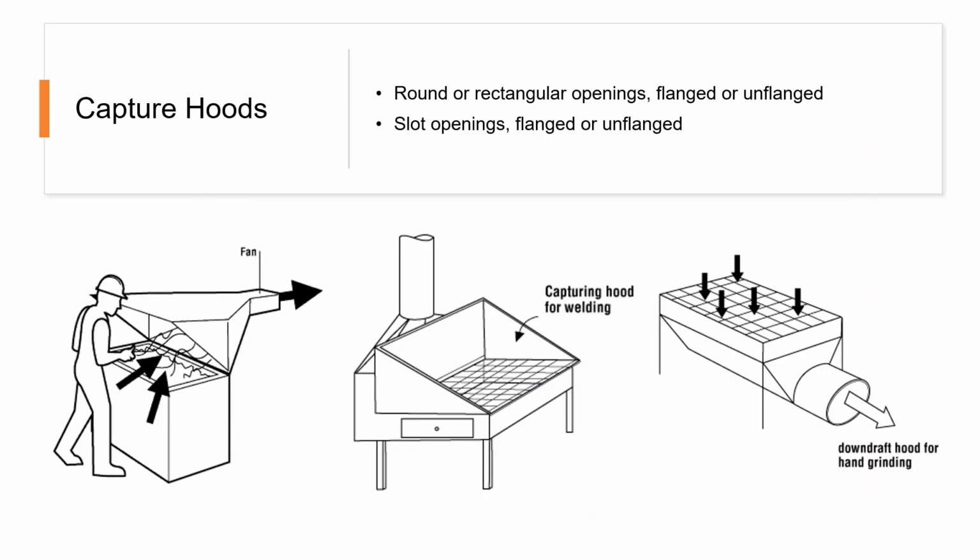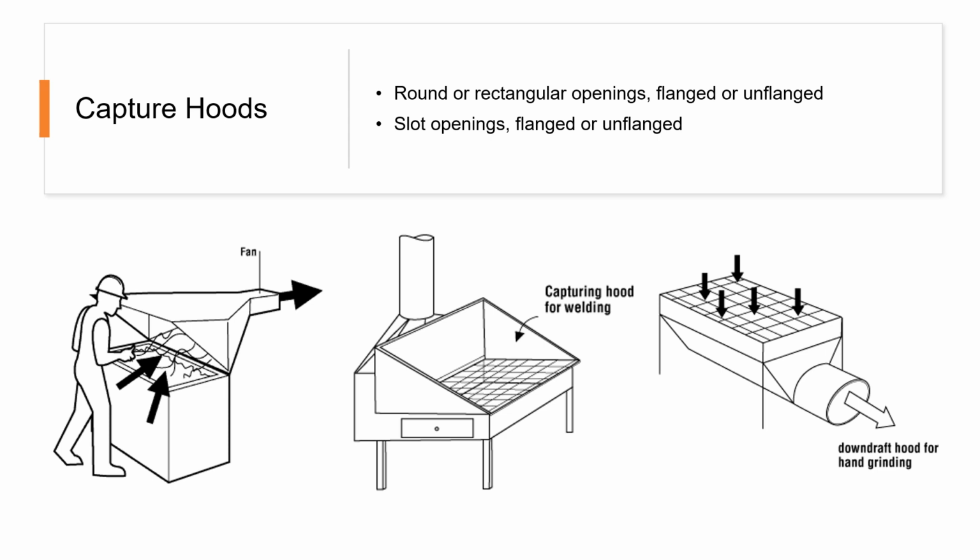Capture hoods are hoods that are located next to an emission source without actually surrounding or enclosing it. These kinds of hoods are good for if you're welding and creating fumes, but you can't be welding in an enclosed space, or if you're doing something that requires grinding a material that creates a lot of dust.